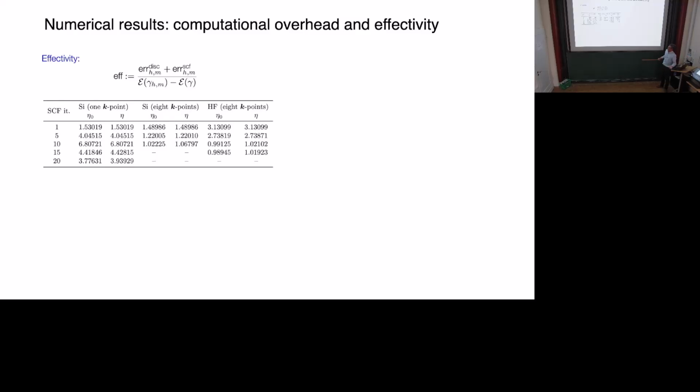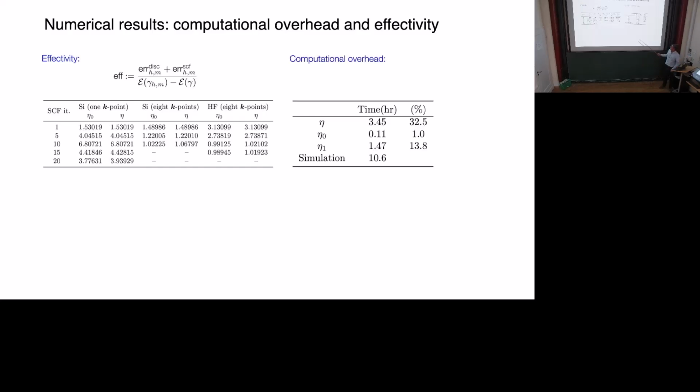Now, you might ask about the effectivity of the estimator. You can take the eta divided by the thing you want to estimate. So we get very reasonable numbers. We're not much overestimating the energy. You can ask how much is the computational overhead with respect to the full calculation, just the percentage of computing the error estimates compared to the full computation time of computing the solution.